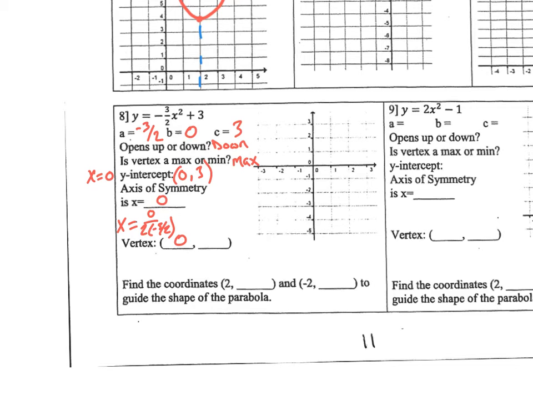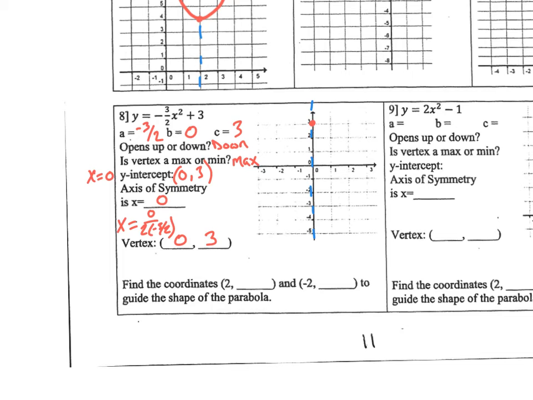And so vertex, x coordinate is 0, axis of symmetry, x is 0. And if you kind of already noticed, the y-intercept, 0, 3, nothing's going to change when you plug in 0 again. We would still end up with a y coordinate of 3. So we can plot 0, 3 on the graph. We can plot our axis of symmetry right at x equals 0.